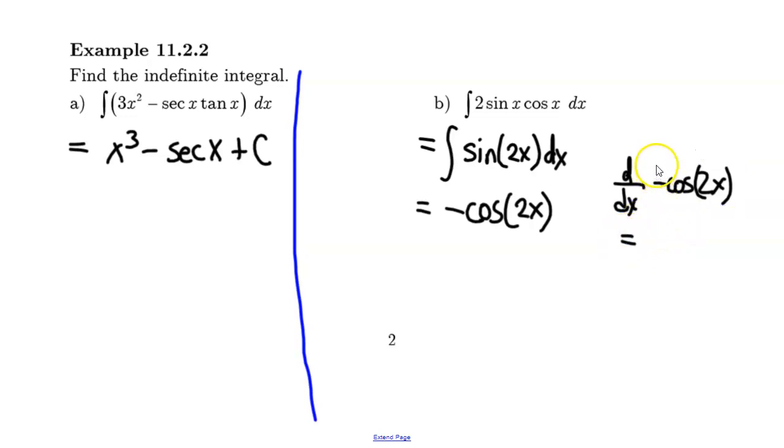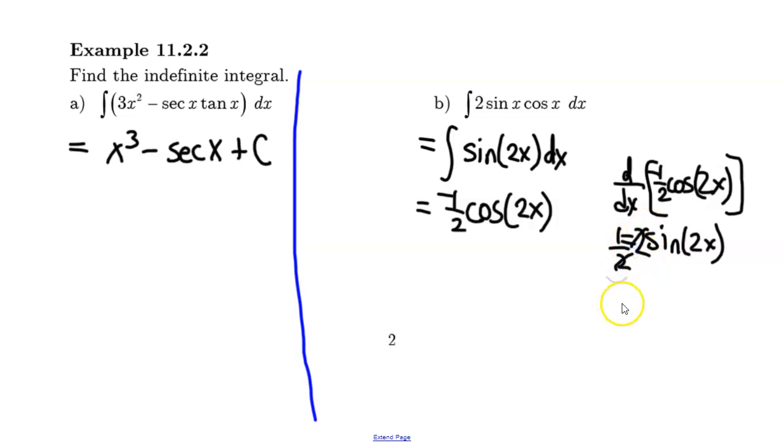What I get is sine 2x, but by chain rule, I would also get a 2 out front, which this one doesn't have. So the best thing I can do is put a half in front there. Then the half and the 2 would cancel each other out, and I'd still be left with a negative.